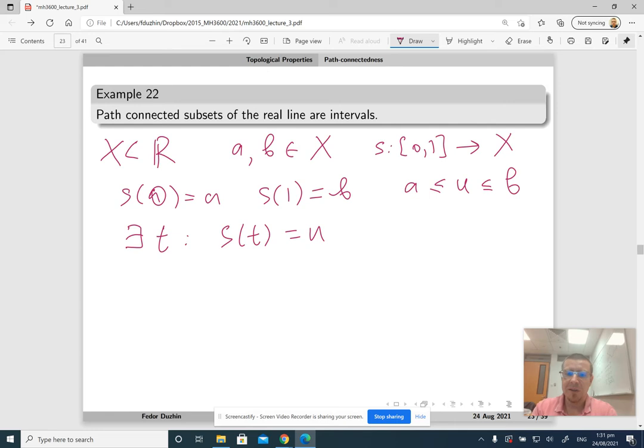But everything in the image of s is also in X, so u must be in X. In other words, if 2 points a and b belong to X, then the whole interval from a to b is a subset of X. Then X itself is an interval. It may be open or closed, infinite or finite, but it is an interval, because together with every 2 points in X, the whole closed interval from a to b is still in X.